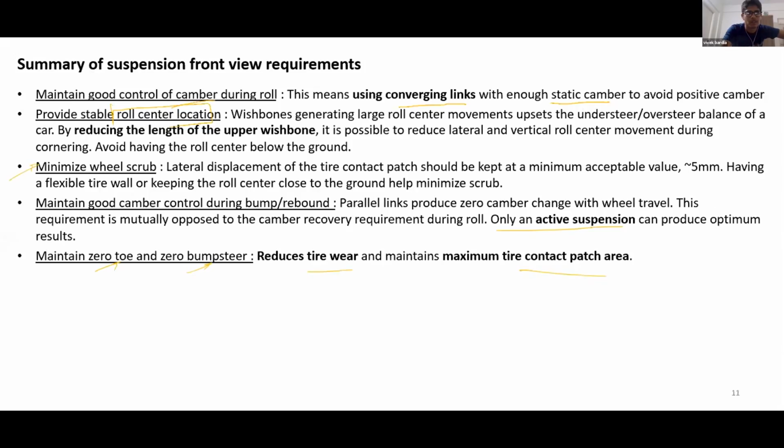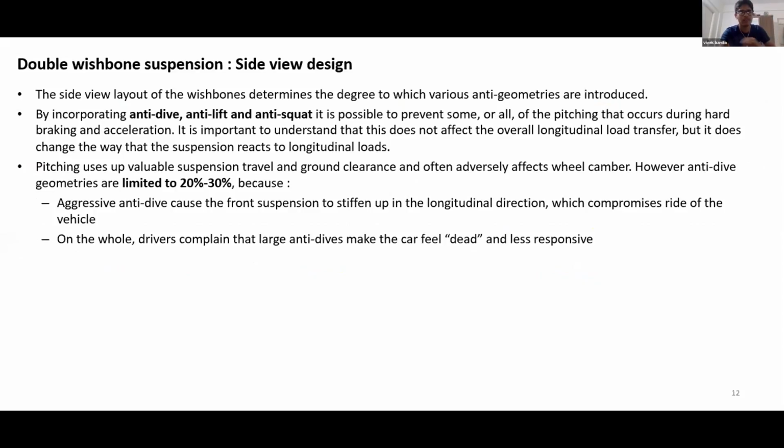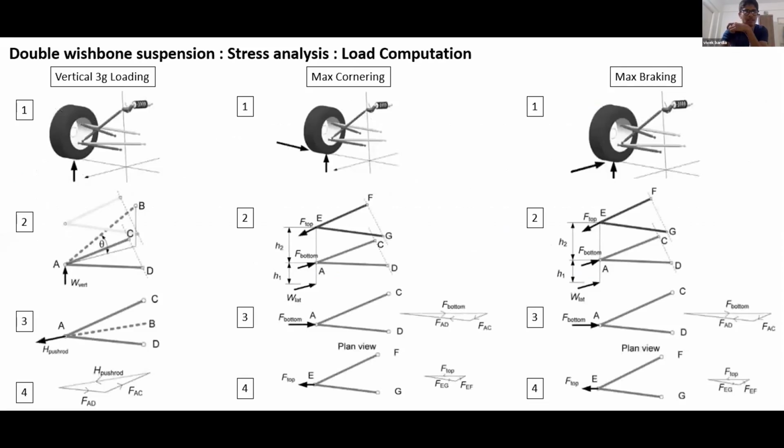Okay, so I think this is the front view requirements of the suspension. Similarly, we can have the side view requirements. Okay, guys, before we go into the Adams part of simulation, I would just like to show you this as well, which is again a very theoretical thing that we can do.